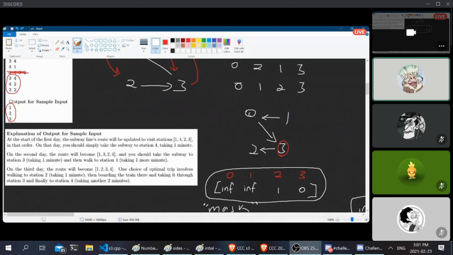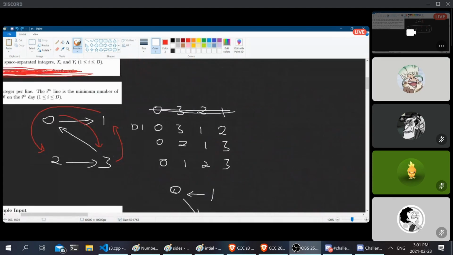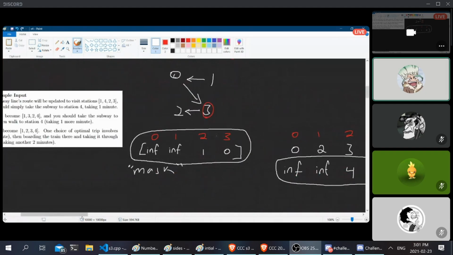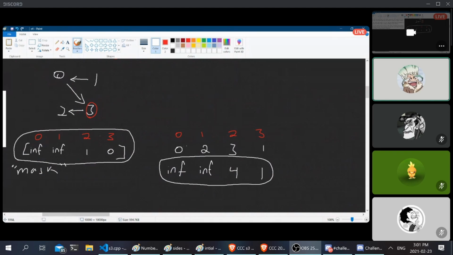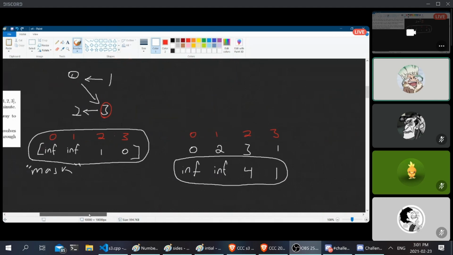And then we need to do it for a bunch of days. We already have each of these days, and then we can just repeat this process of computing the number of steps it takes for the subway to get to each station. Then we get this sum, then we get the minimum, and that's how we get our answers for each day.